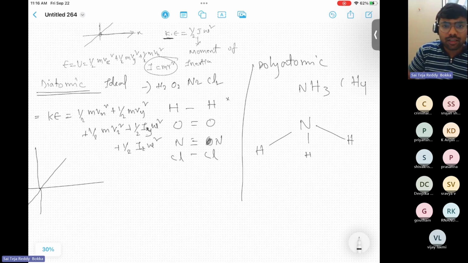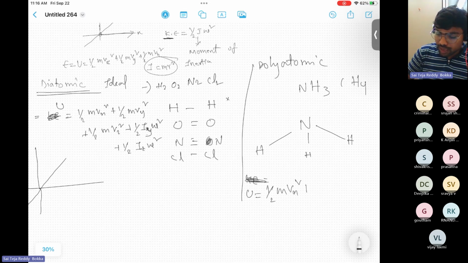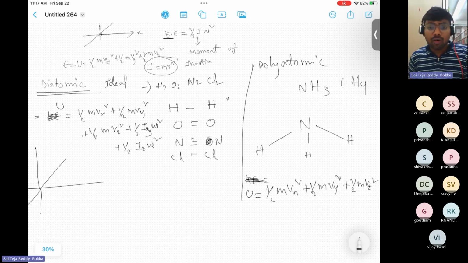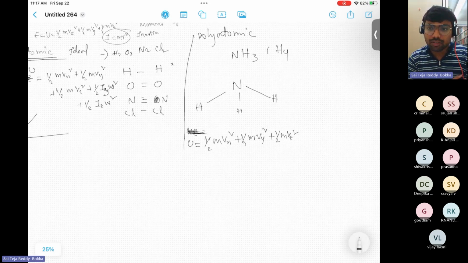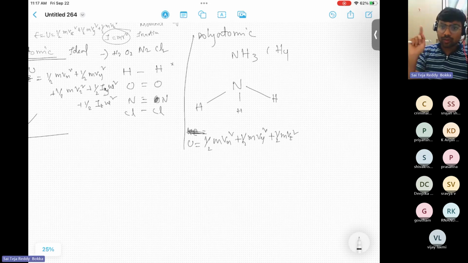It will have kinetic energy in all the directions, X, Y, Z. So the total internal energy U equals half mvx square plus half mvy square plus half mvz square. Along with that, there is a spin around the x-axis, y-axis, z-axis, because it has a bond angle.